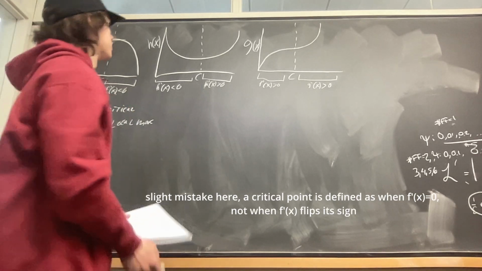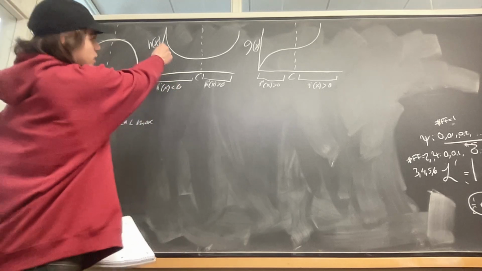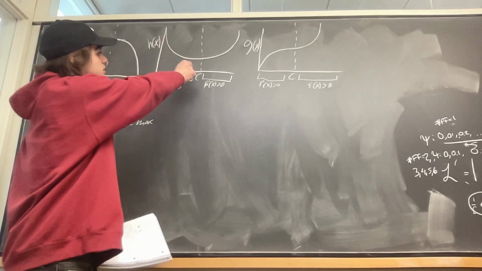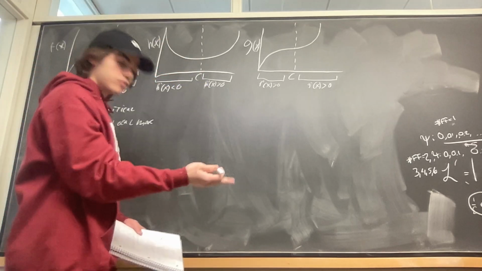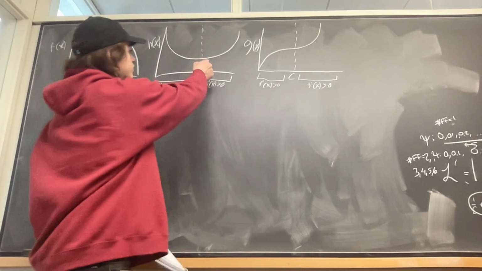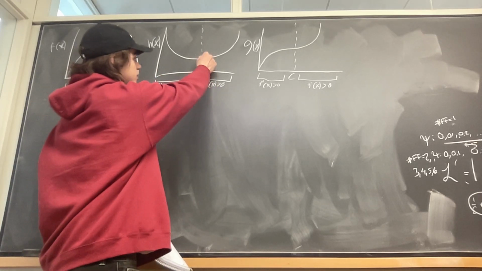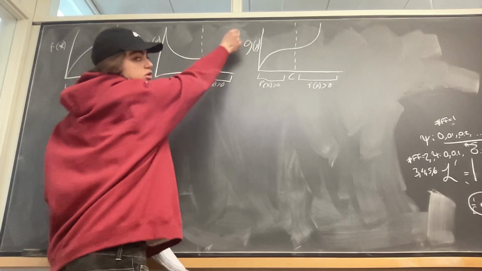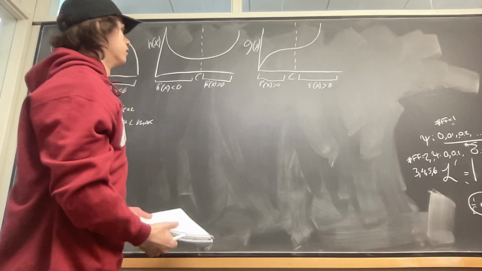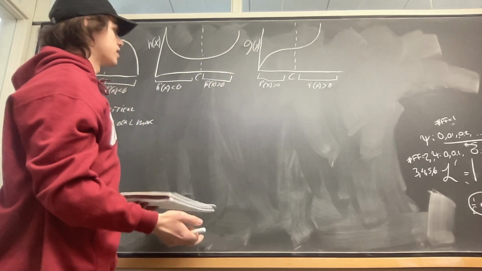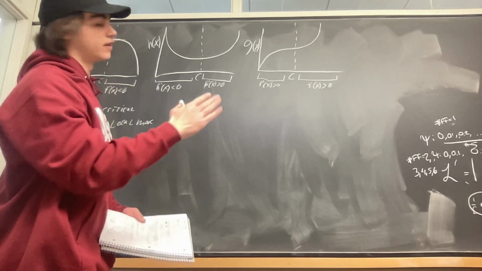Now take h of x. When x is less than c, the graph is going down. It's decreasing, and that's once again the opposite of after the point c on the x-axis. Take a point here, draw a secant line through there. Your graph is increasing. The slope of that line is positive.